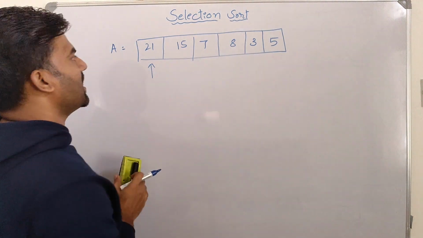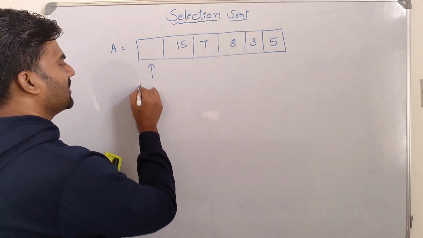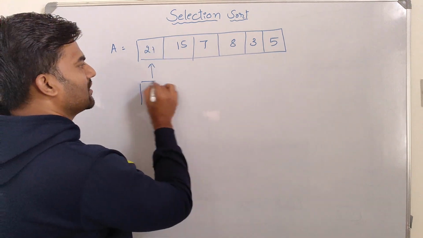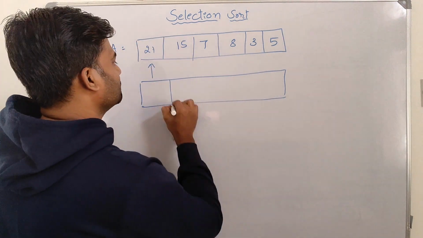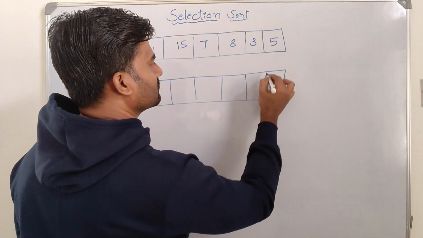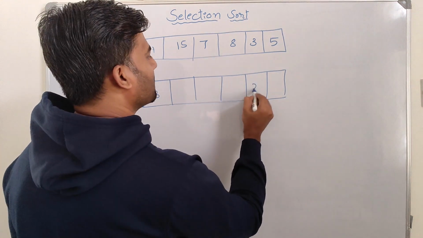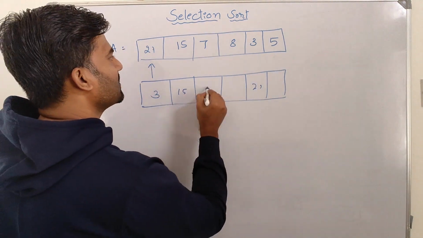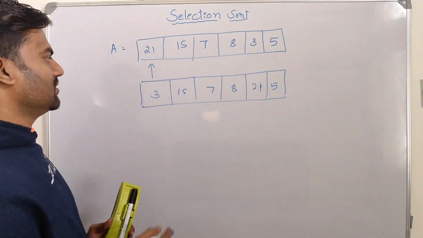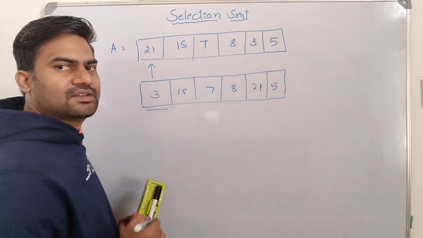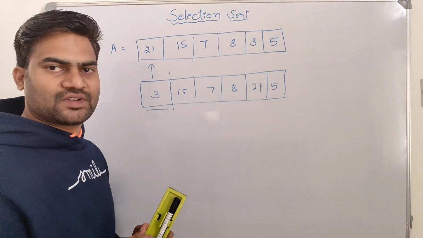So what I will do is simply swap that number. I will keep 3 here, then I will keep 21, and the remaining numbers as they are. Now this position is sorted at this point of time.